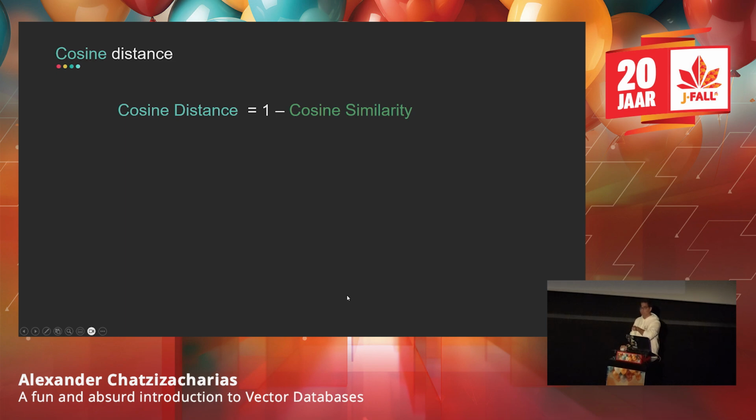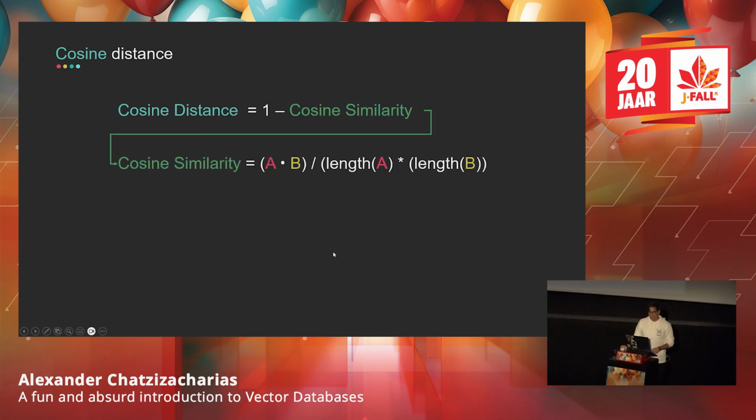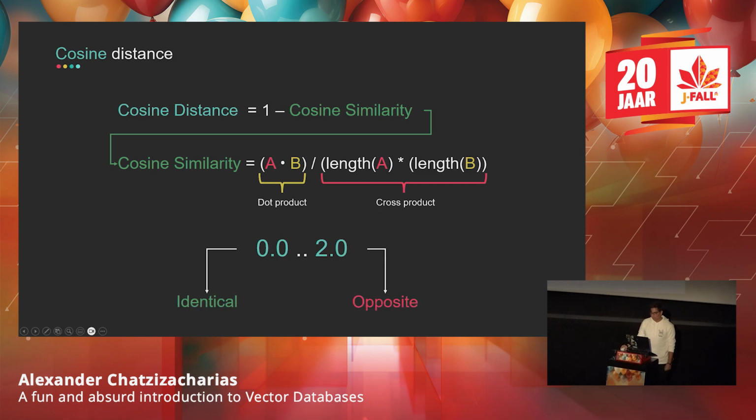So for the mathematicians here, this is basically the formula for the cosine distance. But I think what you're most interested in is that if your distance is 0.0, that means two vectors are identical. And if it comes out 2.0, that means that two vectors are opposite to each other.